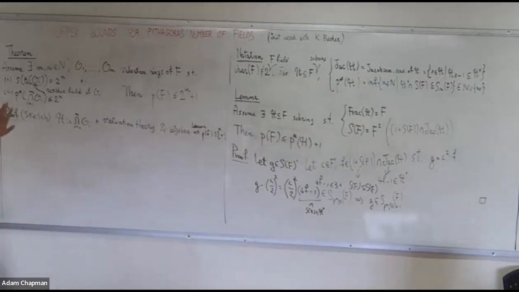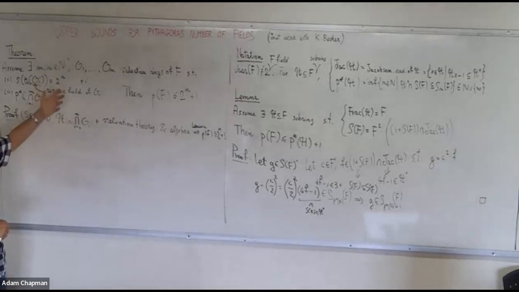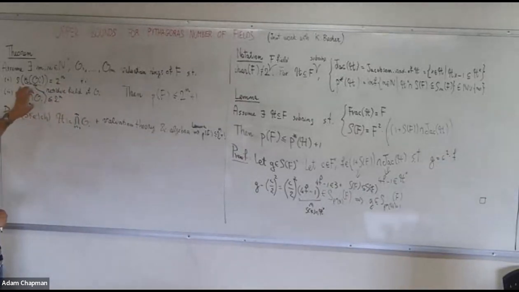As you can see, this statement is already a bit more rigid, if you want, in the sense that if we have a local global principle for a field involving valuation rings, and using this local global principle, we can identify certain valuation rings with residue level 2 to the n, and we manage to prove this condition, then we obtain a bound for the Pythagoras number.